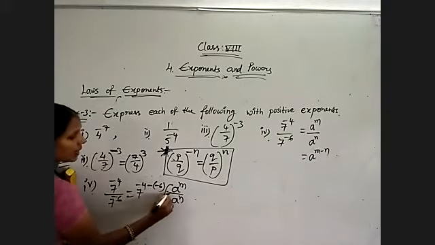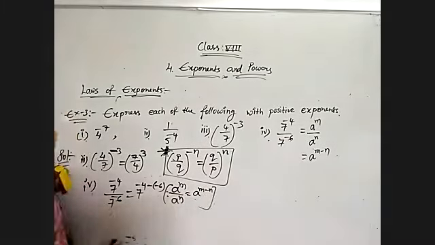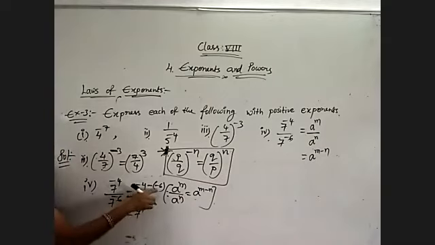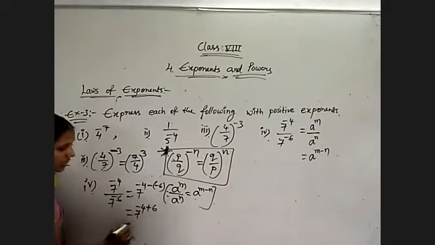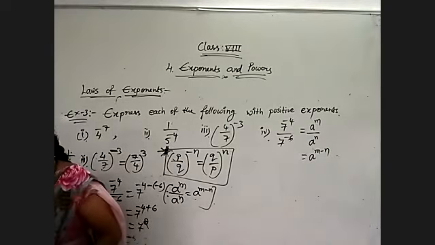Since a power m by a power n is equal to a to the power of m minus n, it is 7 to the power of minus 4, minus into minus becomes plus 6. So 7 to the power of 6 minus 4 is 2, 7 square, positive exponent.